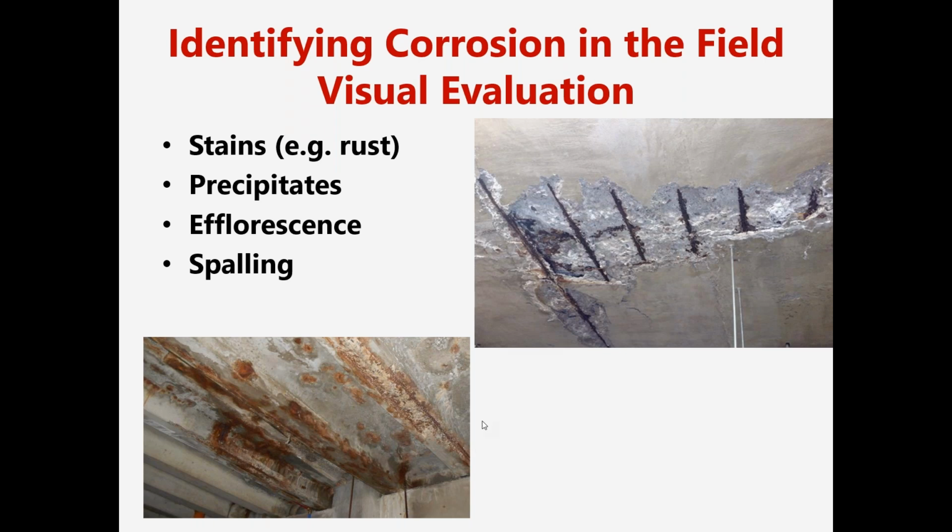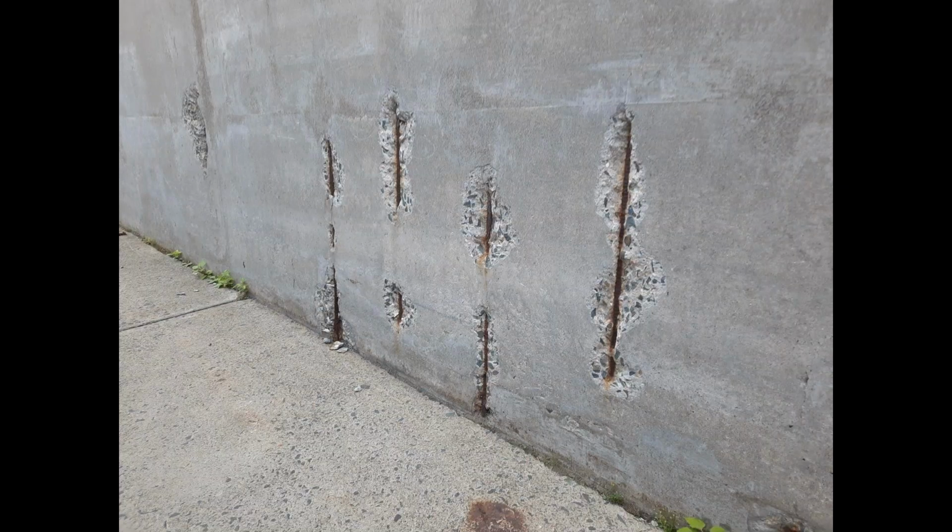But again, just visually, sometimes you can tell what's going on. There's another picture of some spalled concrete from a wall. This reinforcing steel has very, very little concrete cover.